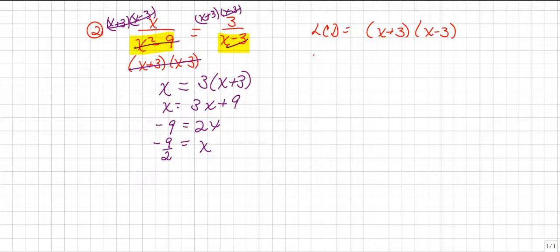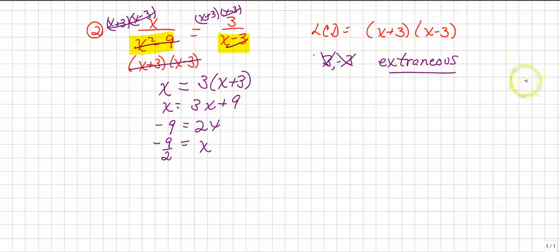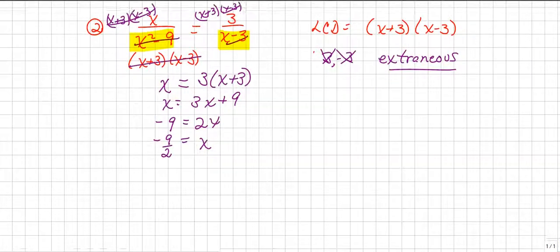So if you get an answer that is 3 or negative 3, we're going to have to throw that out. Now, that didn't happen in this problem, but it's going to happen in a problem coming up soon. If you get answers which cause the denominator to equal 0, we call those extraneous solutions, and they are not valid solutions, so we throw those out. Extraneous. Alright, let's take a look at another example.